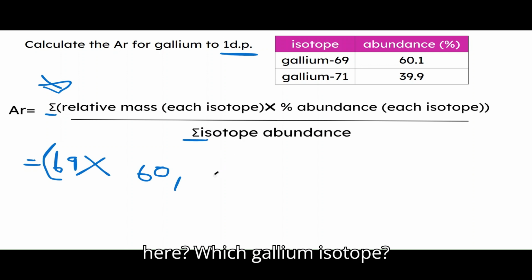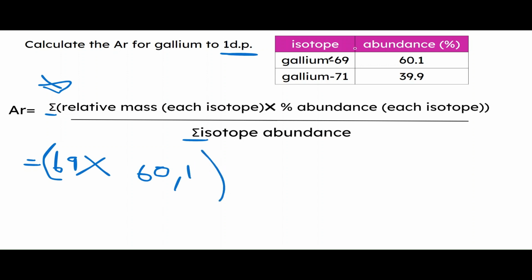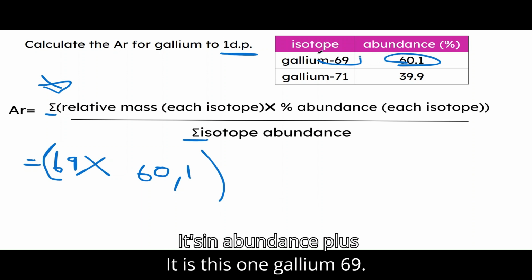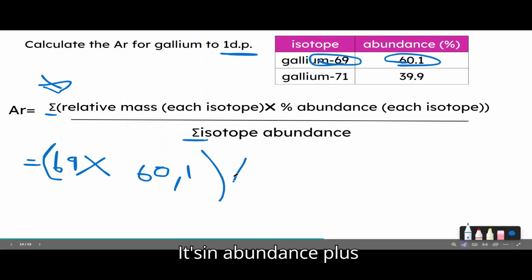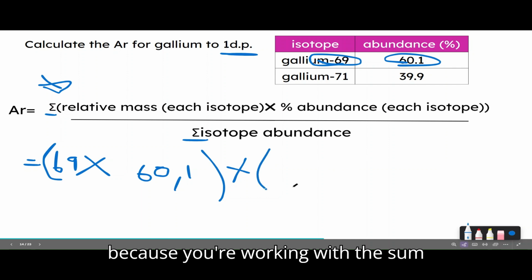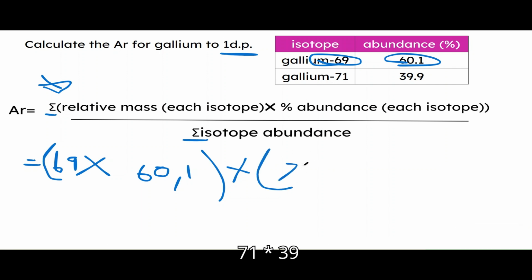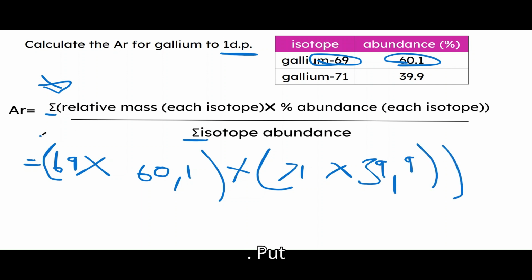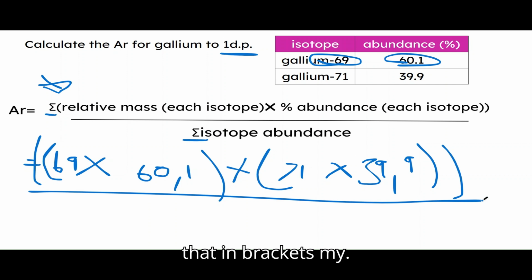Which gallium isotope? It is this one, gallium 69. Plus, because we're working with the sum, 71 times 39.9.